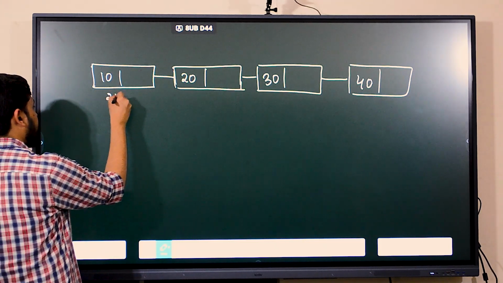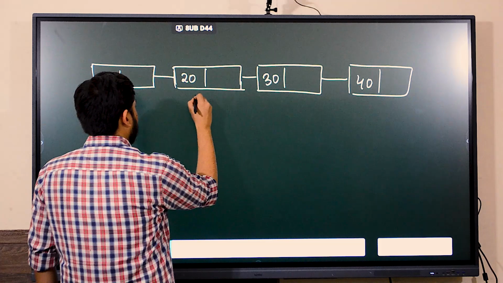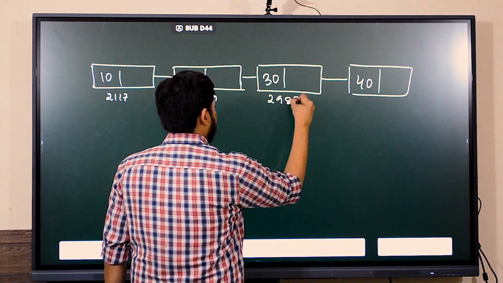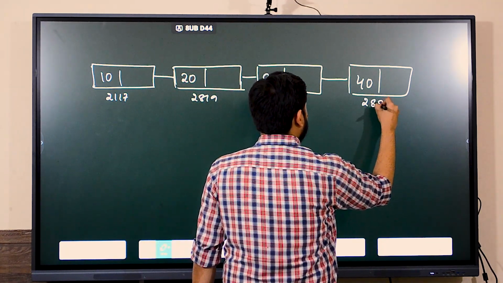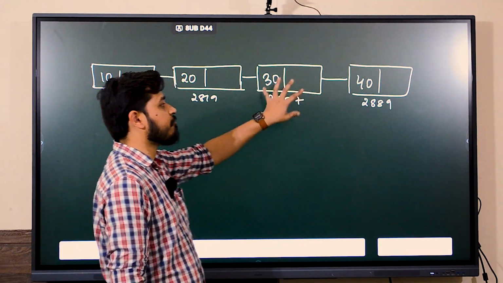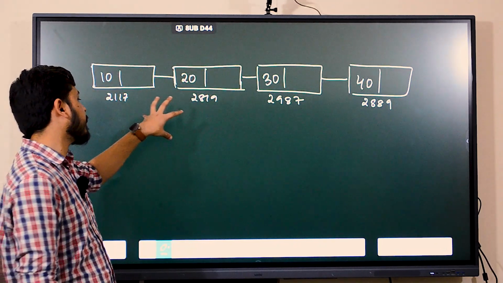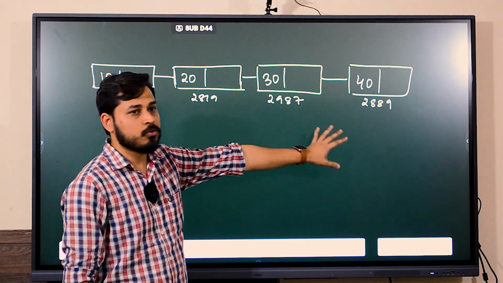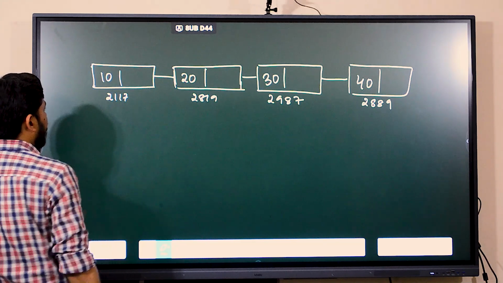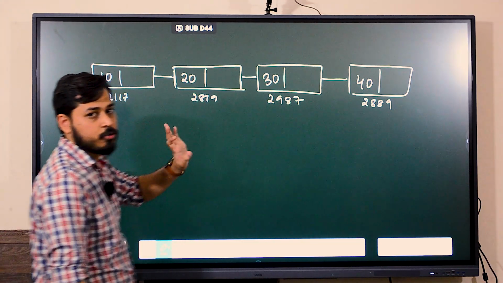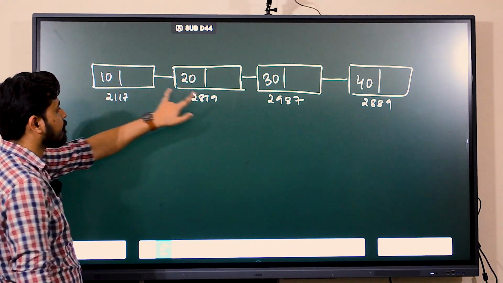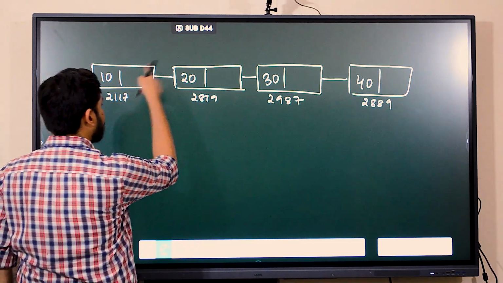I'm taking some random numbers like 2117, 2819, 2987, 2889. Okay, these numbers represent the address of each and every node in the memory space. All right, so this tells you the address of all the elements. This partition here where 10, 20, 30, 40 is stored is the data segment of every node, and the next empty part will actually store the address of the next node.